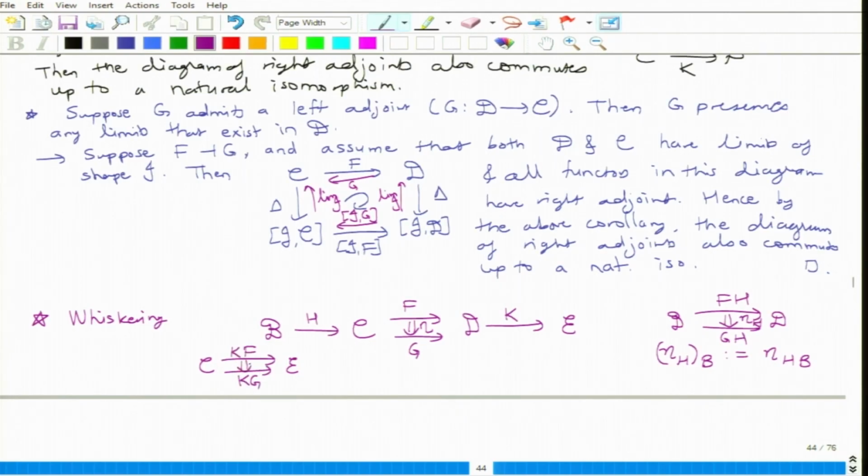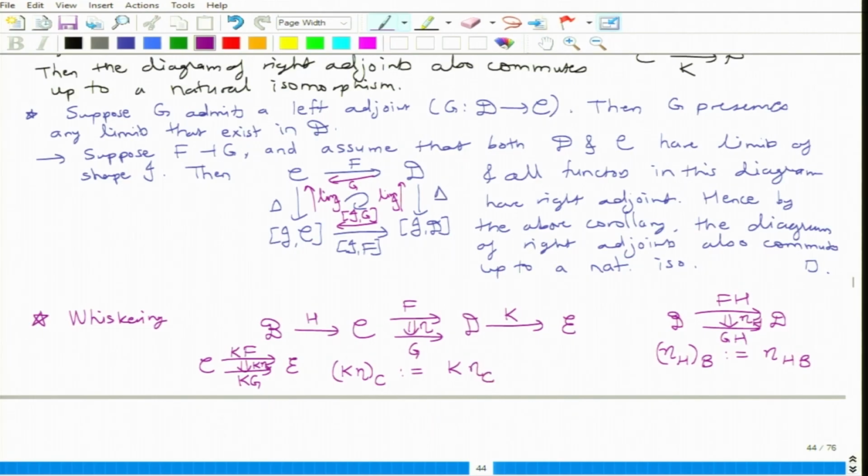What will be the natural transformation from KF to KG? It will be K eta. Okay, K eta, just plain K eta. And what is K eta? At an object C, it is simply defined to be K of eta_C.